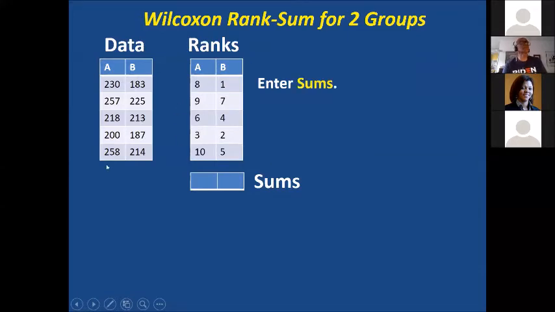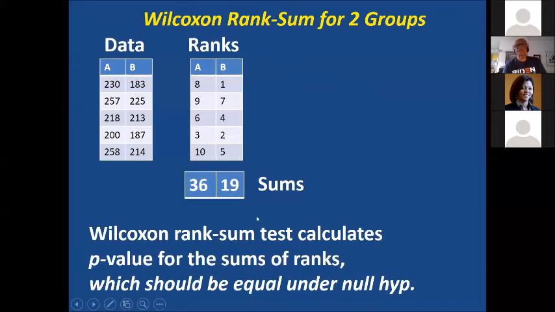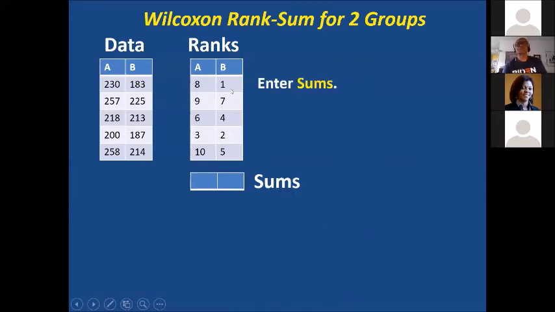So these 10 values, actual values, have been replaced by the ranks. Now you add the ranks. You get 36 and 19. Now, if there is no difference between the two groups, then you would expect the ranks to be distributed at random between the two groups, so that the sums should be approximately the same.